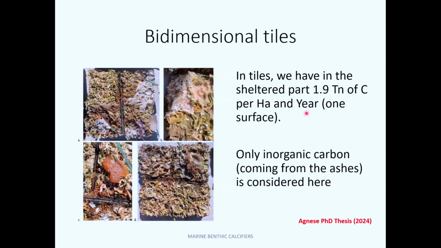But in the static picture, looking at the inorganic carbon, so the calcium carbonate, we saw that if we have an extension of 10,000 square meters, so 1 hectare, we may have 1.9 tons of carbon per hectare per year, taking into account the 3 years, dividing and simplifying.